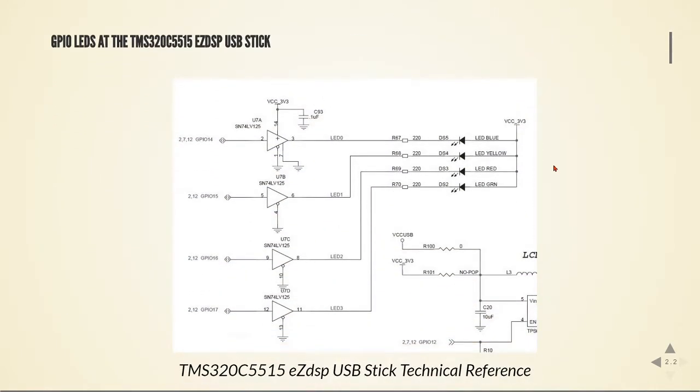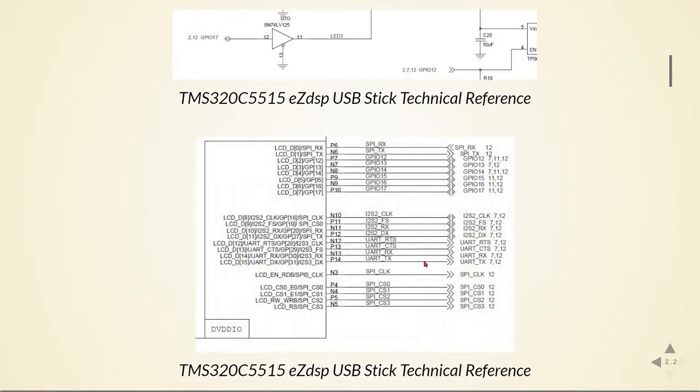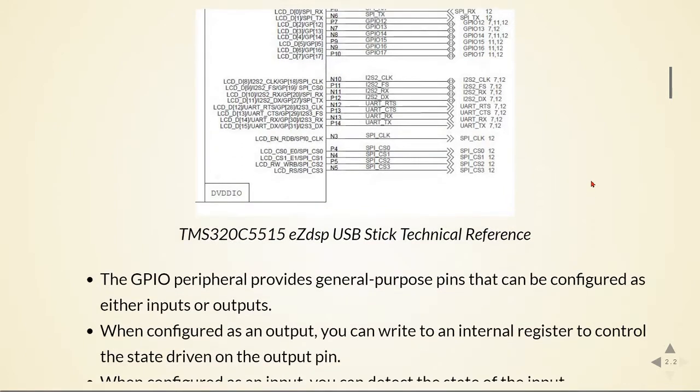So here is the schematics of the LEDs connected to the GPIO of the C5515 EZDSP. So we have GPIO from 14 to 17, and then we have our LEDs. And here also we can see the GPIO 14 to 17. This is our microprocessor.